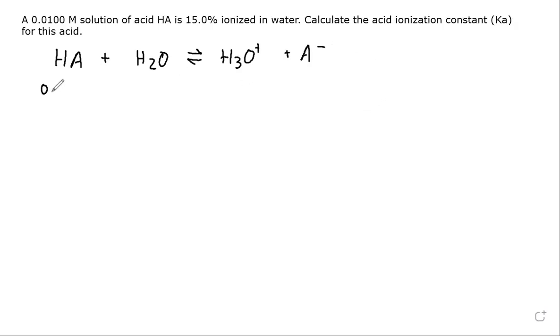So we start out with 0.0100 molar. Doesn't matter how much water we have at the beginning because it's a pure substance, it's a pure liquid. And we don't have any of these. And then it's 15% ionized. So we're going to gain whatever 15% of this is on the product side, and we're going to lose 15% of the starting value on the reactant side.